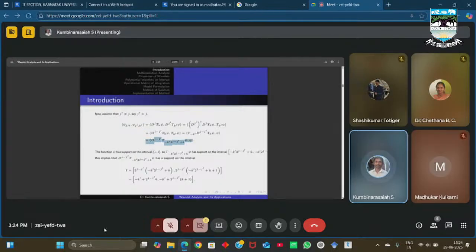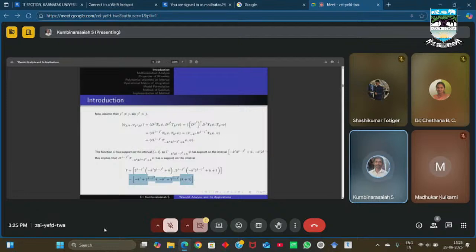But we know that the Haar wavelet is defined on [0, 1], the unit interval. But whatever function I have defined here, its support is going to be this interval. That means after simplifying, finally I get this as my interval.